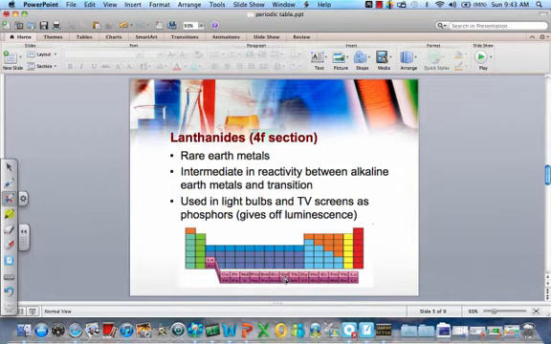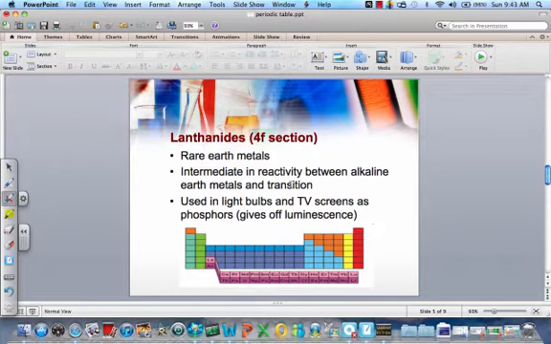Alright, so the lanthanides are in our f block. So I don't need to pull up the periodic table. It's right here. That's that first row of the f block. Those are called the rare earth metals. You don't really find them in nature very much. They're intermediate in reactivity between the alkaline earth metals and the transition metals.